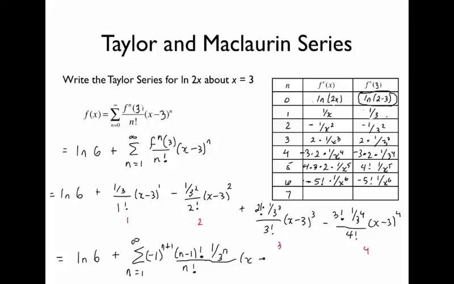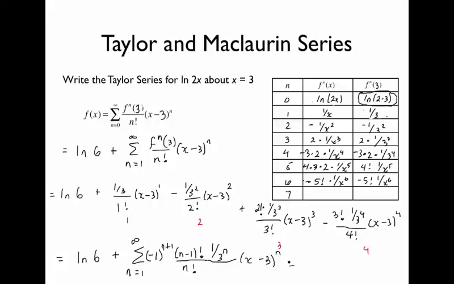So we can simplify this: n minus 1 factorial over n factorial is just n in the denominator.